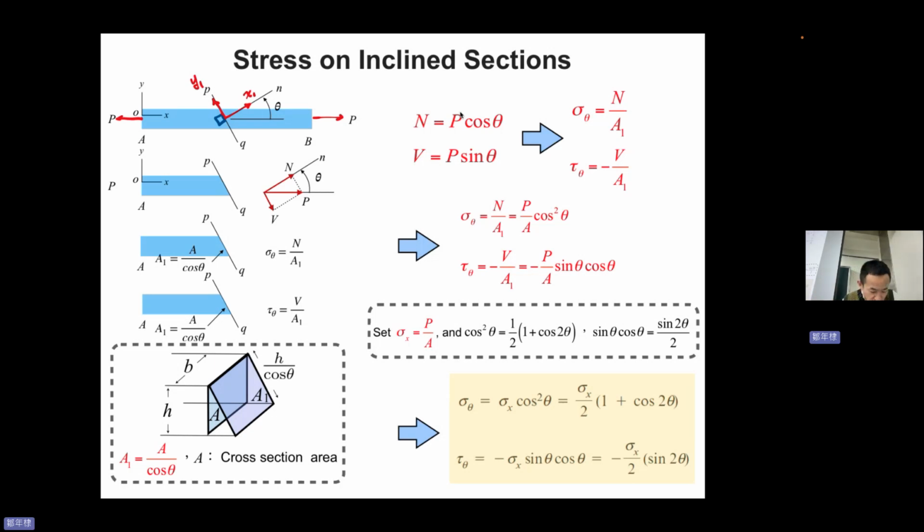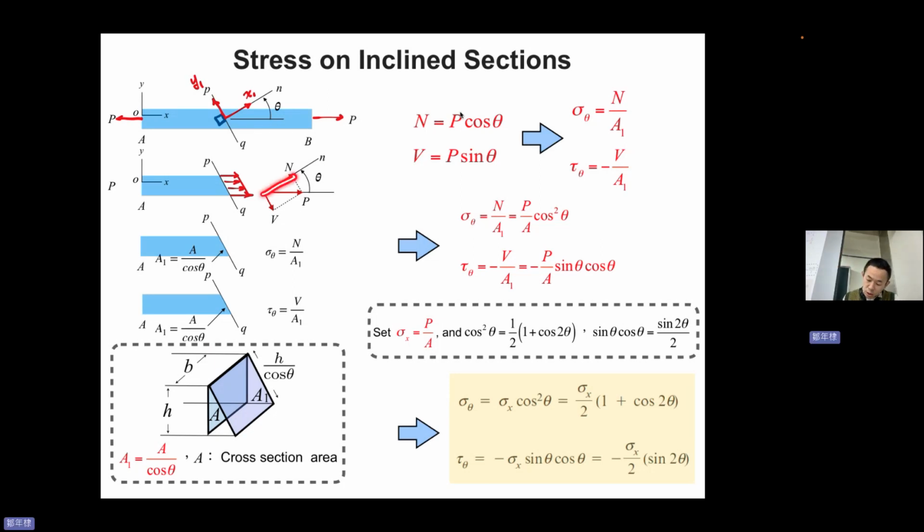So now let's take a look here. We can imagine that if we cut that surface, we will have something like that, right? And we can plot the force with two components.